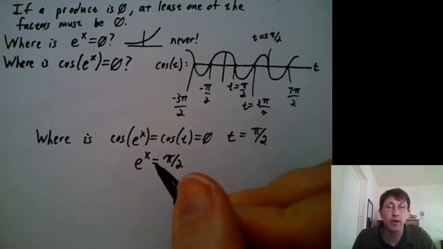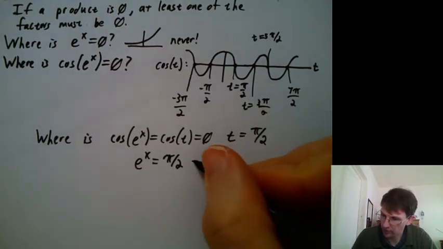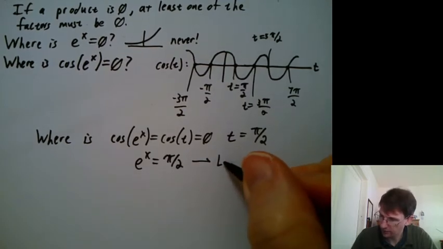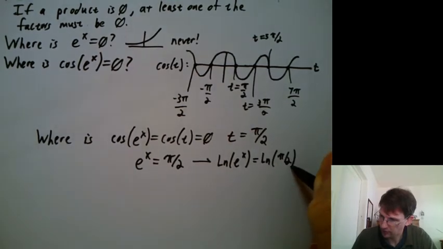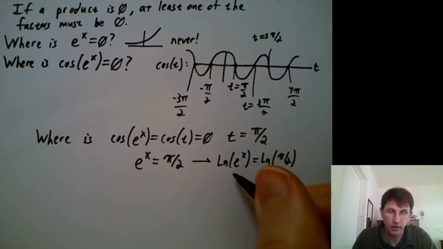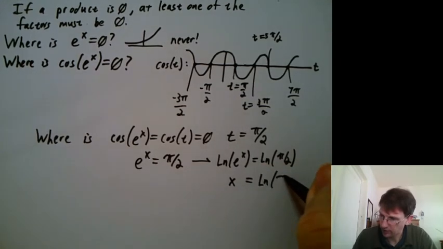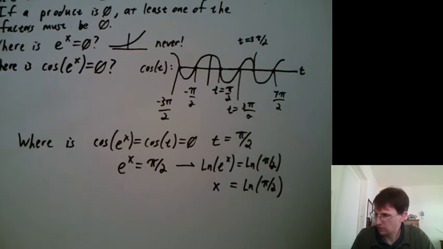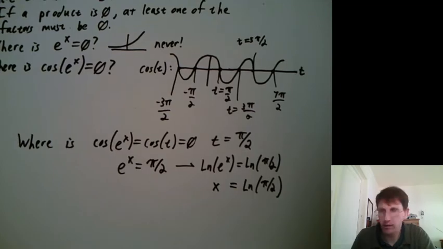So what value of x makes e to the x equal to pi over 2? You could say we'll take the log of both sides. So log e to the x equals log pi over 2. Log of e to the x is just x, that's why we did the log. So x equals log pi over 2. Log pi over 2, let me take a look, is 0.45 or so.